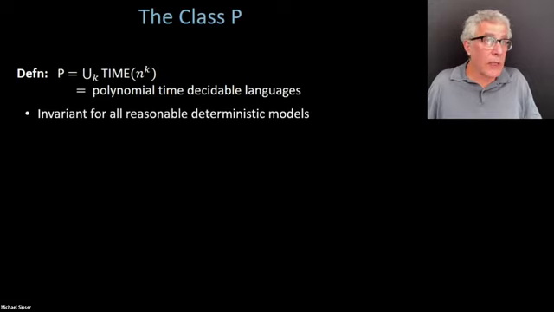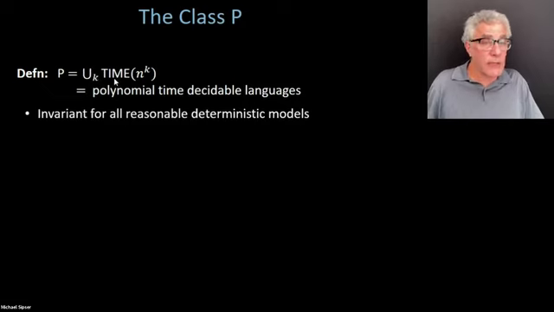Similarly, we could define P using any of the other reasonable deterministic models, and we get exactly the same class. So in a sense, we get back the situation that we had in computability theory when the class of decidable languages didn't depend on the choice of model.